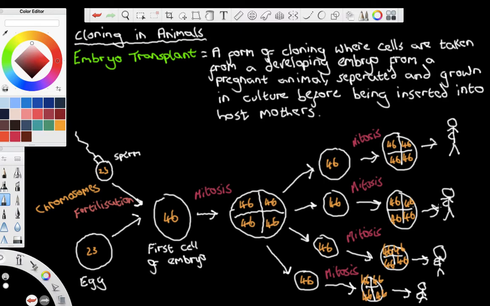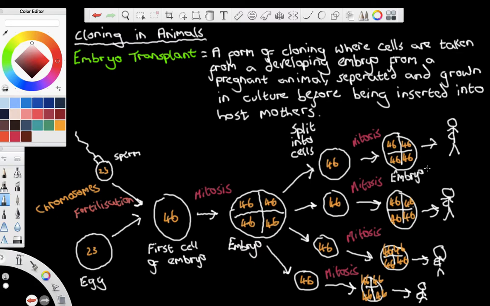Okay? So we've taken a sperm and an egg, fertilization has happened to make the first cell of the embryo, mitosis takes place to develop the embryo. The embryo is then split into separate cells. Each of these cells go through mitosis to form different embryos.